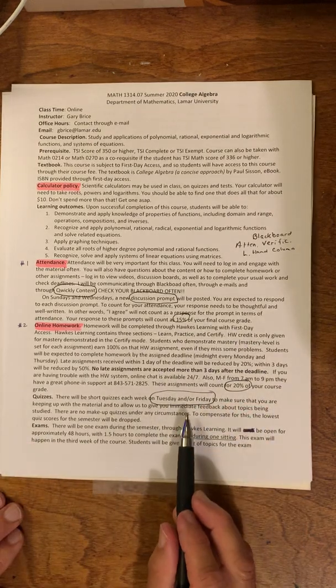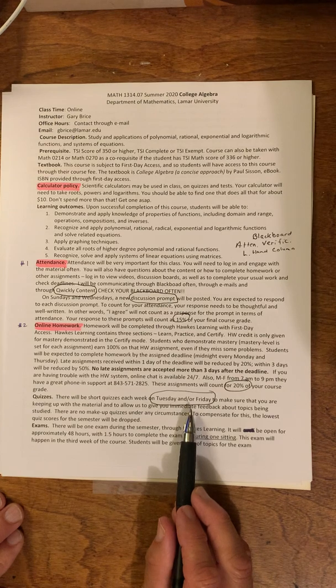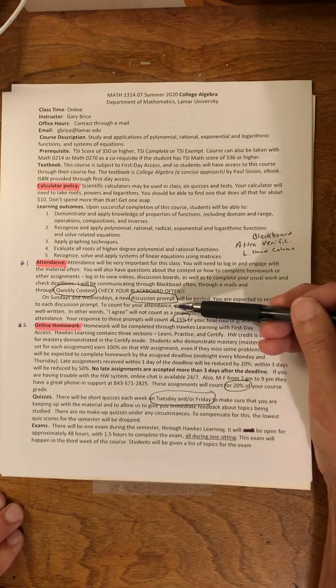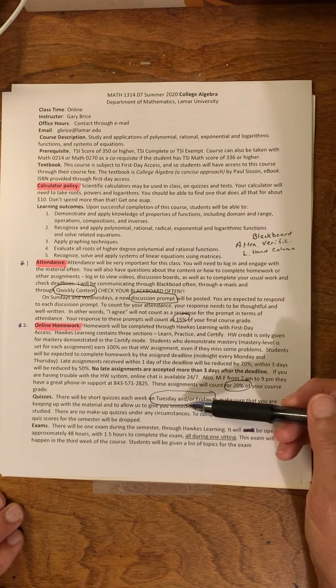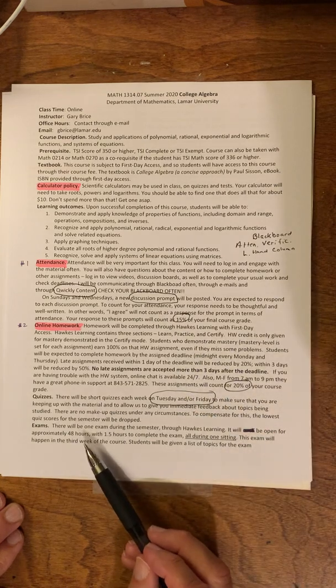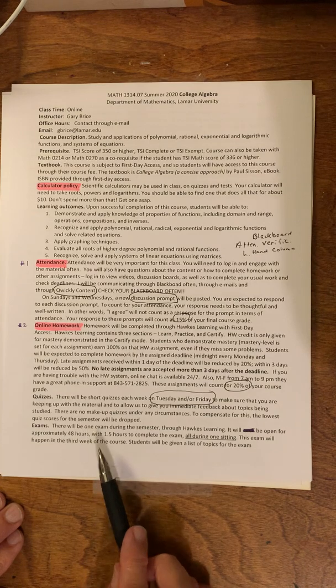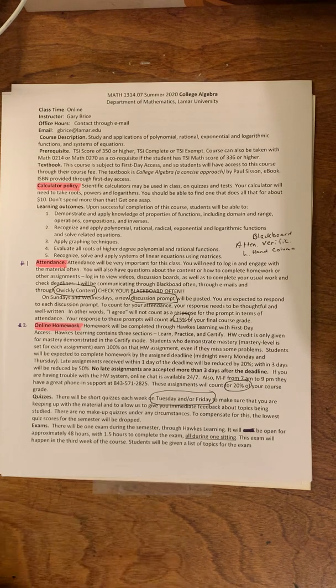Those are problems to be worked right there on your Hawks site, and the grade will be recorded right there on your Hawks site. So you got your homework, you got your discussion prompts, you got your quizzes, and you're going to have 2 exams, one in the middle of the semester and one a final exam at the end.